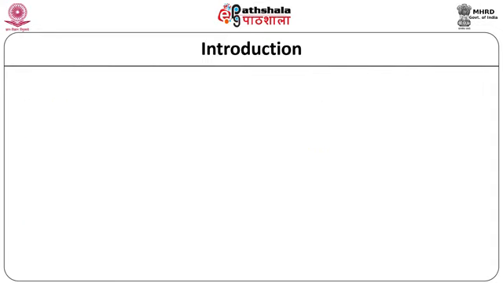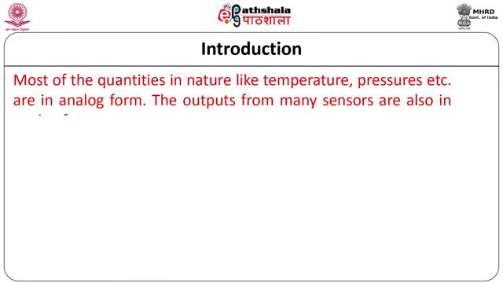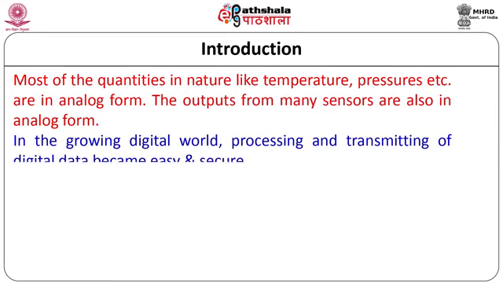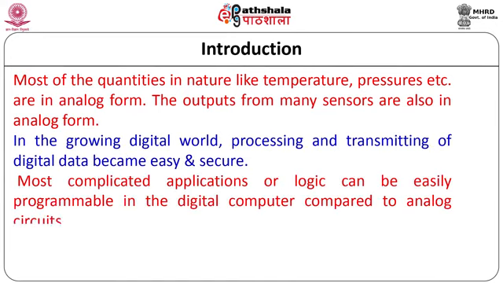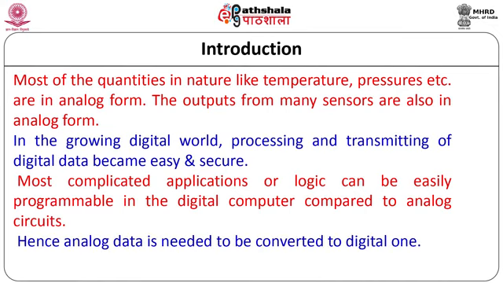As we know, most of the quantities in nature like temperature, pressure, force, vibrations, and light intensity are in analog form. The outputs of many sensors are also in analog form. It is found that the processing and transmission of digital data is easy as well as secure, and hence analog data needs to be converted into digital form.